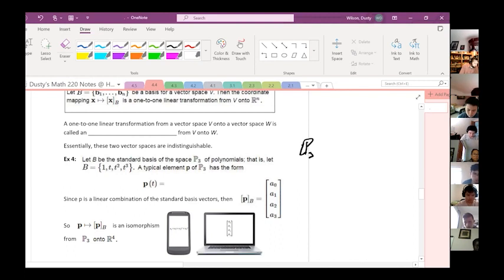And things that live in P3 are of the form A naught plus A1t plus A2t squared plus A3t cubed. Okay. And so I could ask this question, are these blue guys vectors? Are they vectors in a traditional sense?